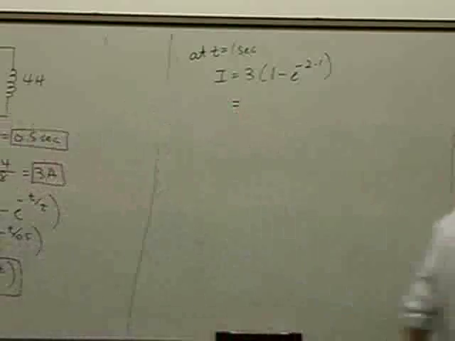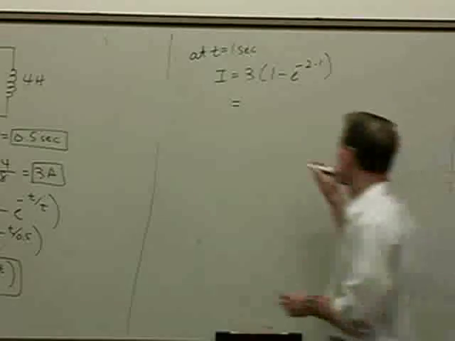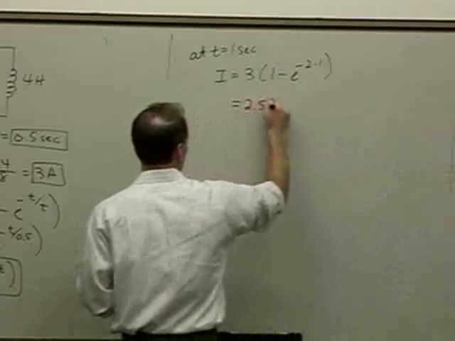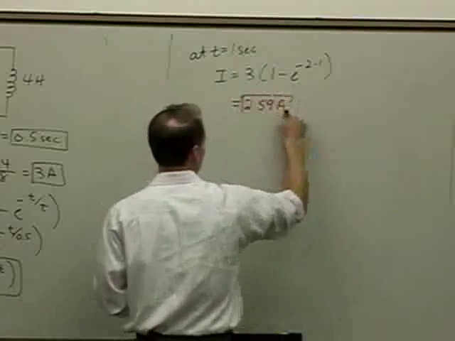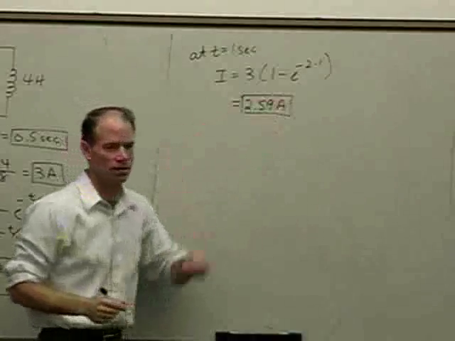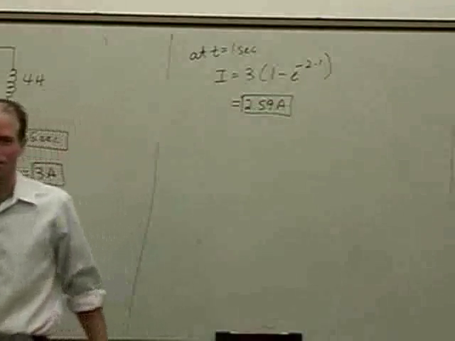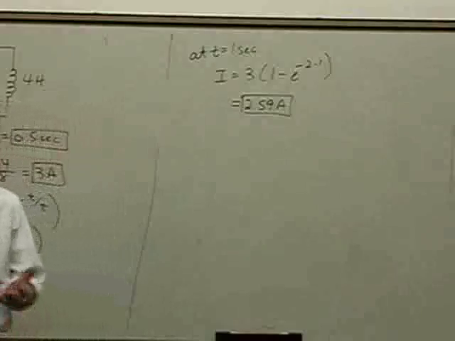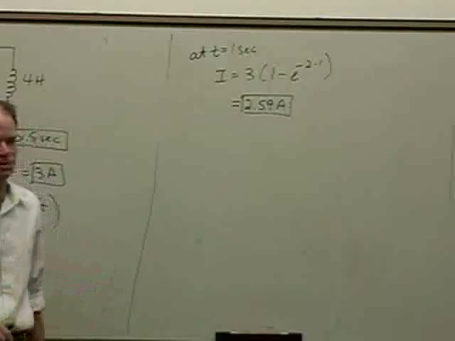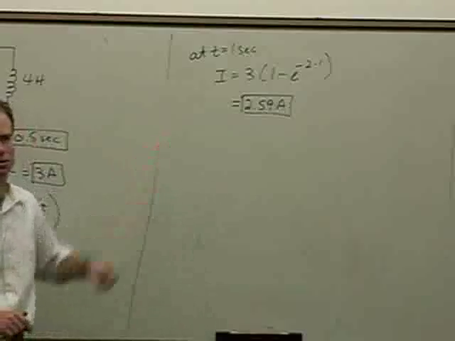And I get 2.59. If you're not familiar with using the exponential function, you probably want to get familiar with it. We're not trying to do that on the test. So make sure you come up with the same answer.